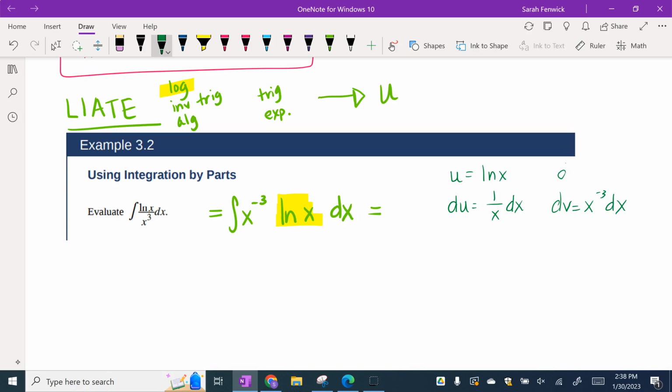So if we work backwards, then v equals x to the negative 2 over negative 2: take your power up 1 and divide by the new power, right? So if we rewrite now, we have u times v minus the integral of v du.